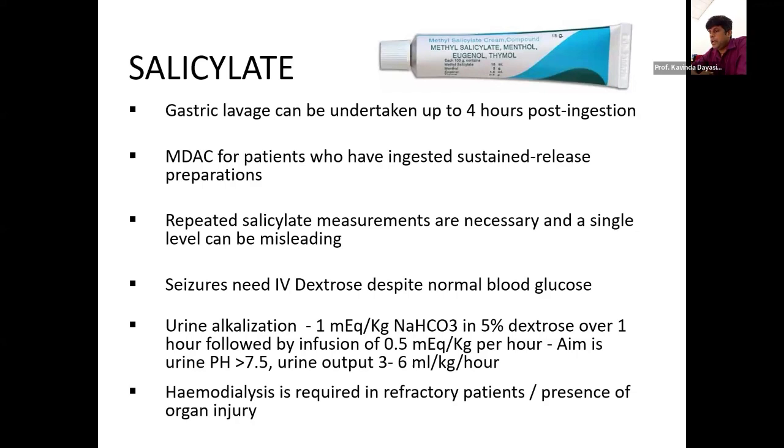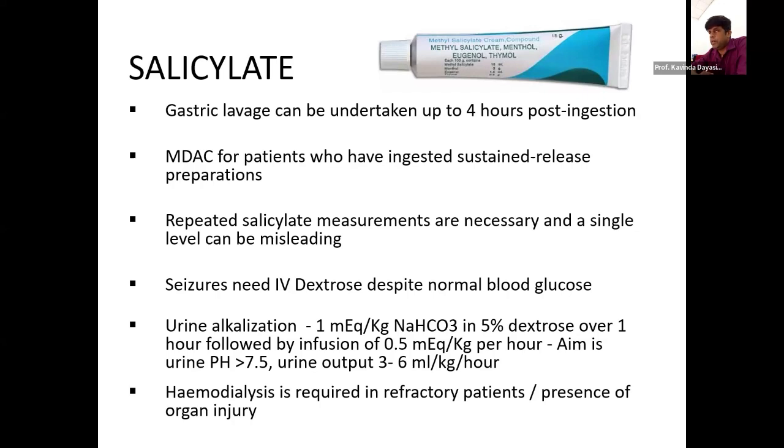patient. The main mode of treatment is we use urine alkalization. So in the presence of urine alkalization, the salicylic acid gets excreted through the kidneys, and thereby you can enhance elimination of salicylate and then reduce toxicity.